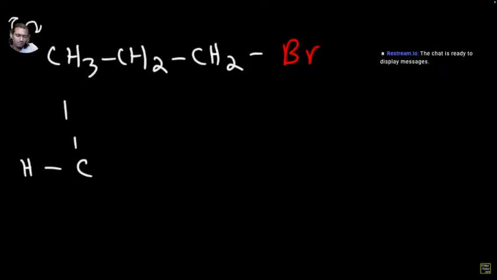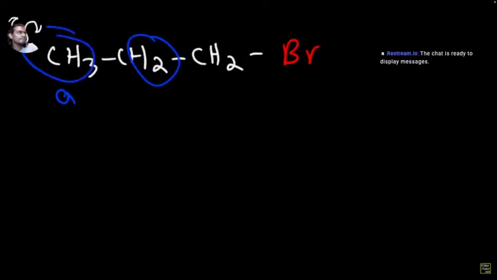So generally speaking, the hydrogen atoms attached to a particular carbon atom usually show up as one signal. Not always, but usually. So we can call this signal A, corresponding to those 3 hydrogen atoms. Now, these 2 hydrogen atoms are in a different chemical environment than these 3 because they're closer to the bromine atom.